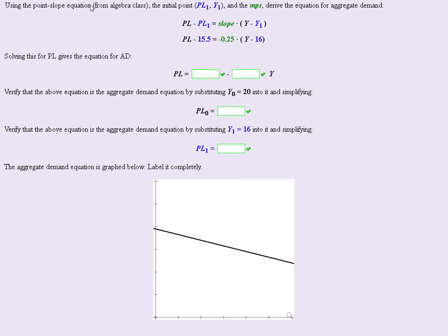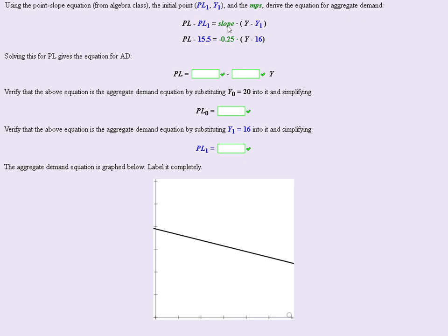Now we're going to use the point slope equation from algebra: Y minus y1 equals m, the slope, times x minus x1. The blue is a point, the green is a slope, so that's why we call it point slope.